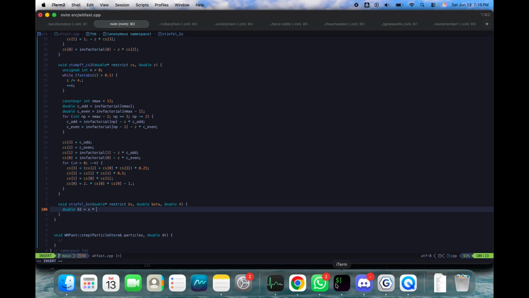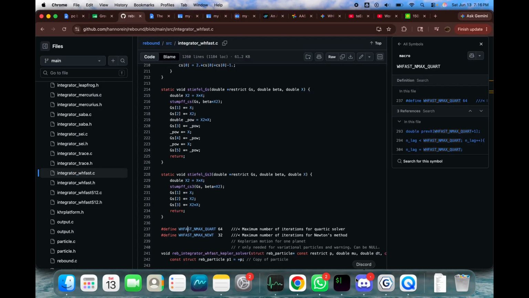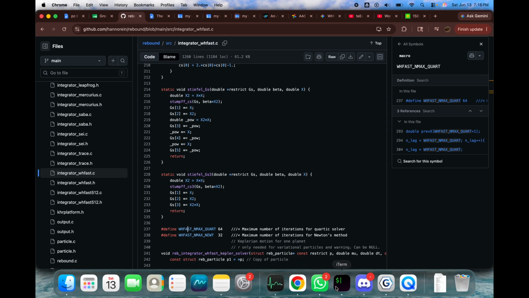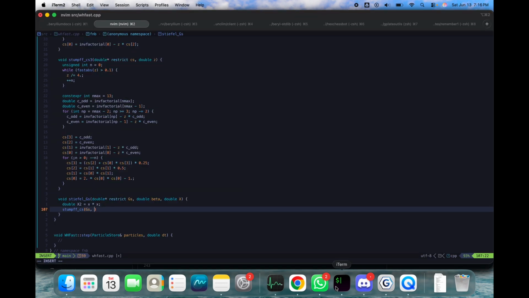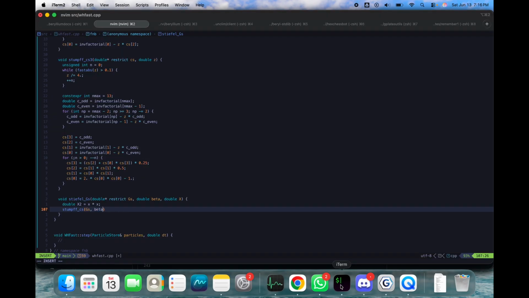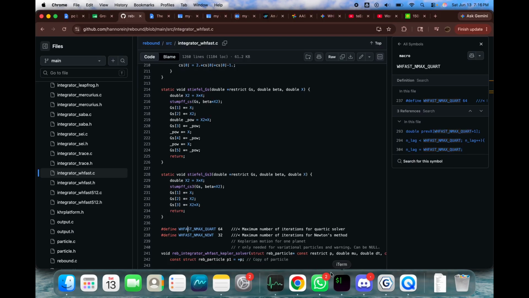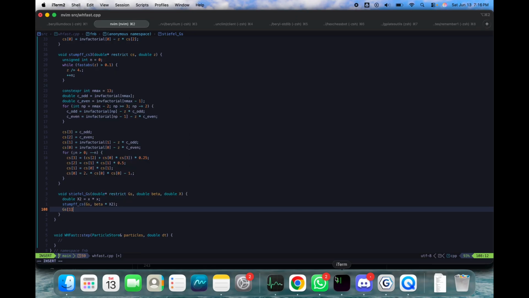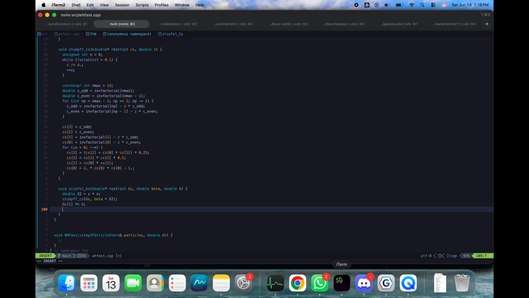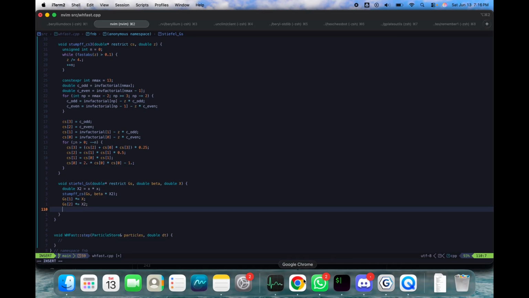Stump CS and GS, beta times x2. GS index 1 times equals x, GS index 2 times equals x2.